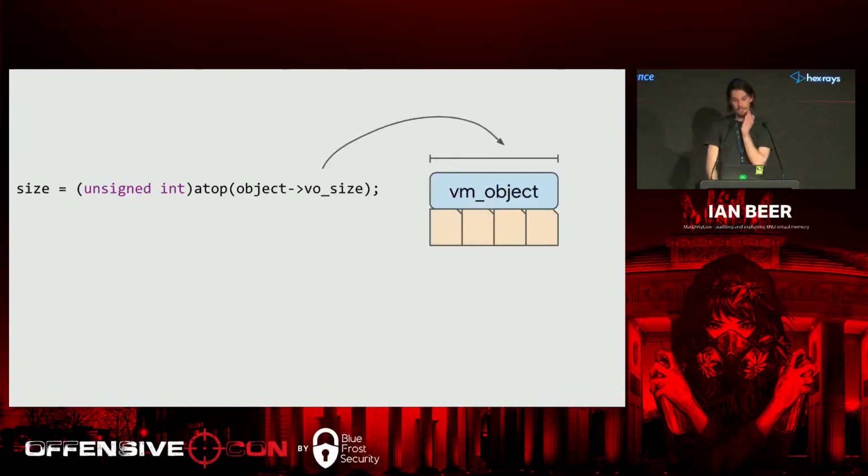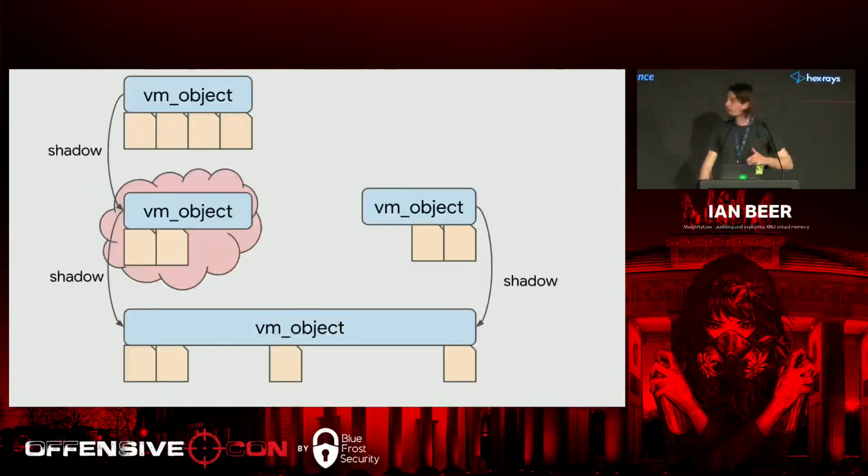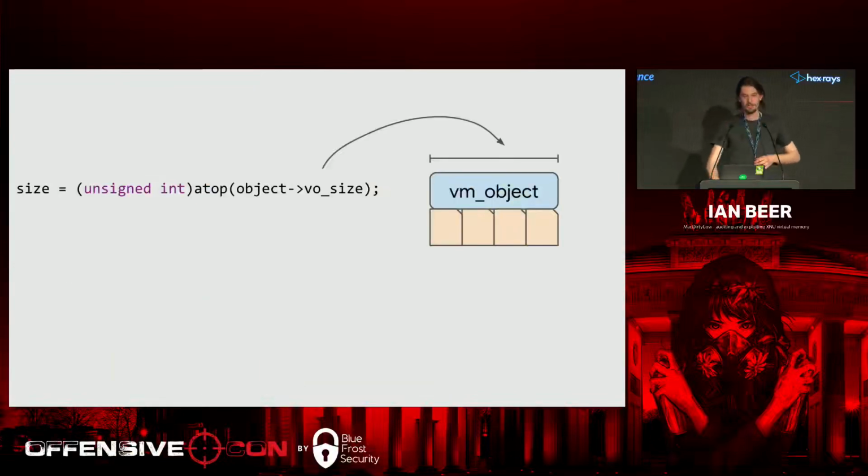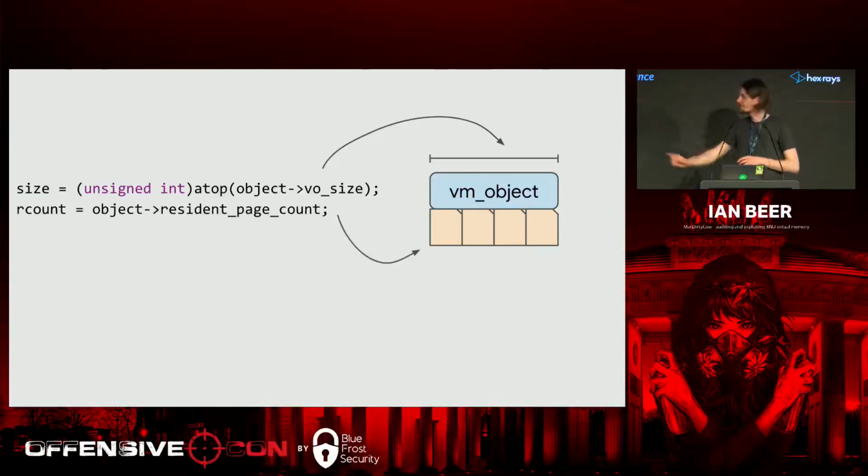So object here points to this top object on the top left-hand side. What it's trying to do is take VO size, which is the size in bytes represented by this abstract VM object, and convert it into a count of pages, and ask whether that is equal to the number of resident pages.